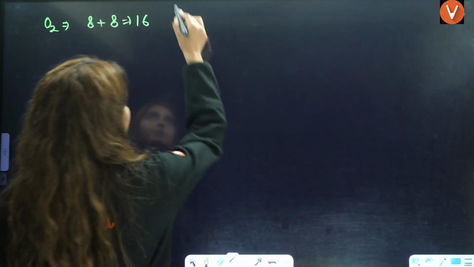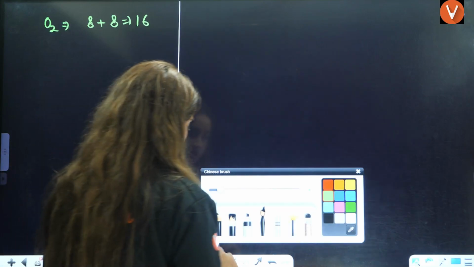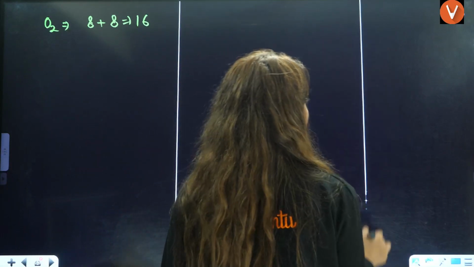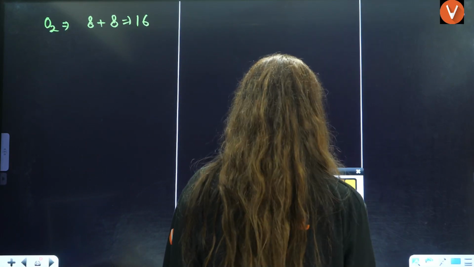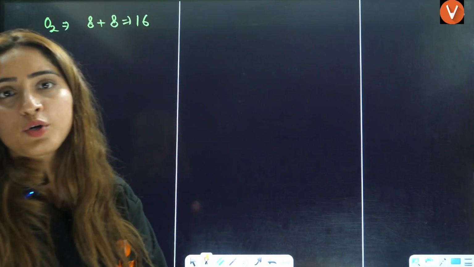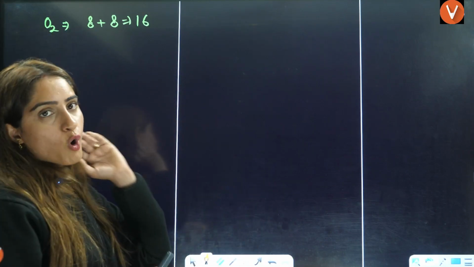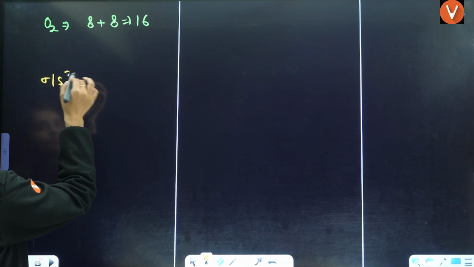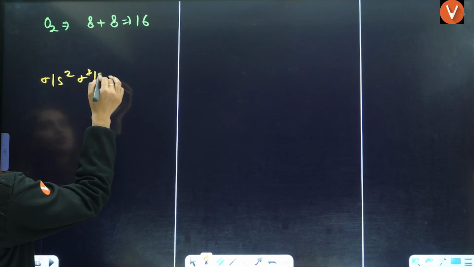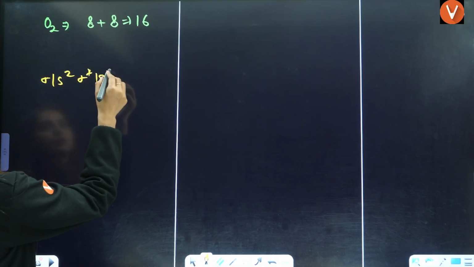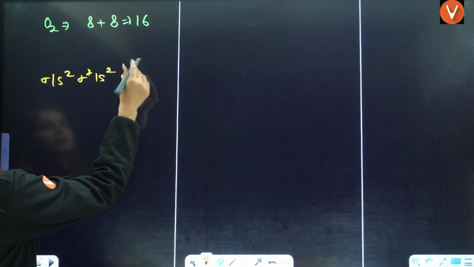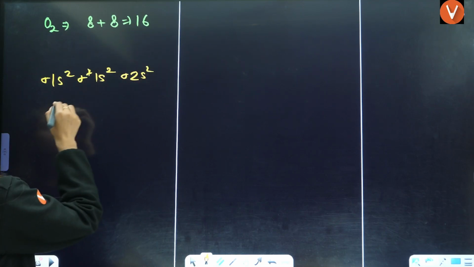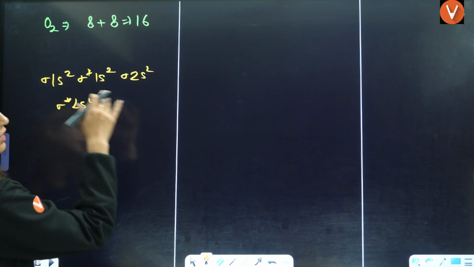Now three things are possible here. Either you can solve it by the longest method, sigma 1s2, sigma star 1s2, sigma 2s2, sigma star 2s2.